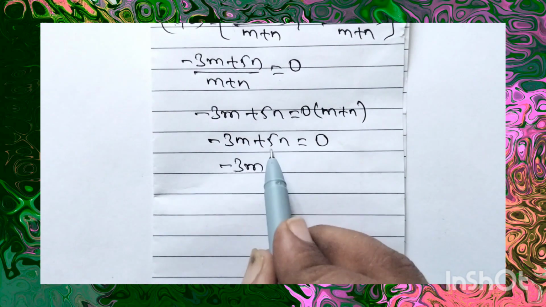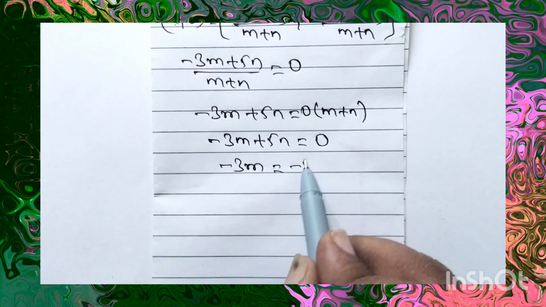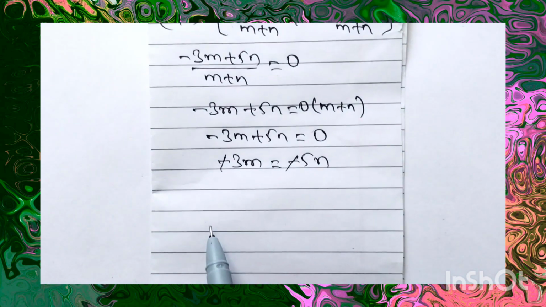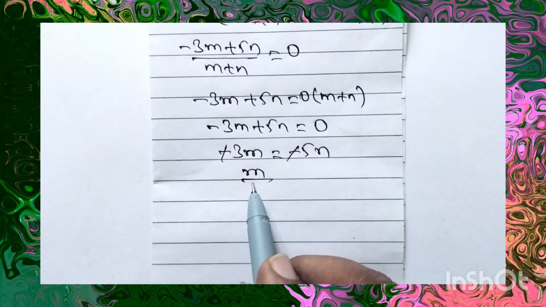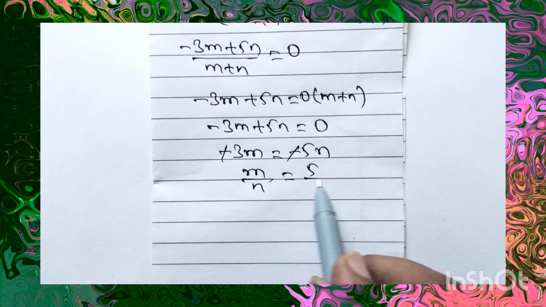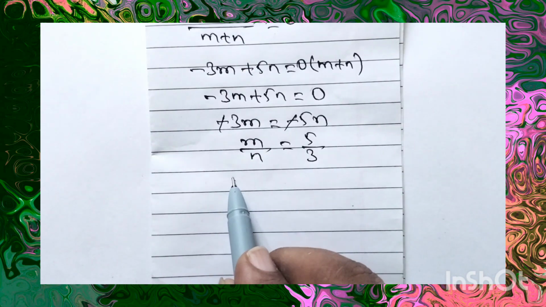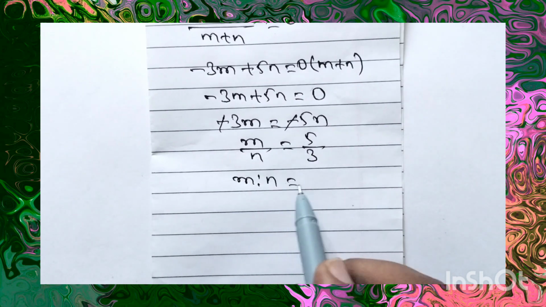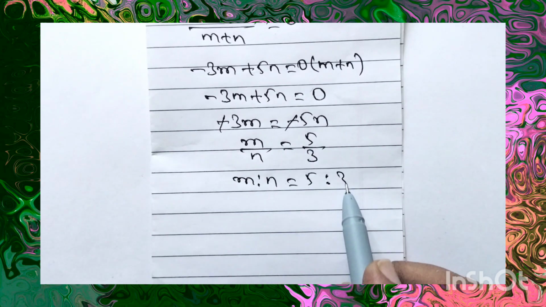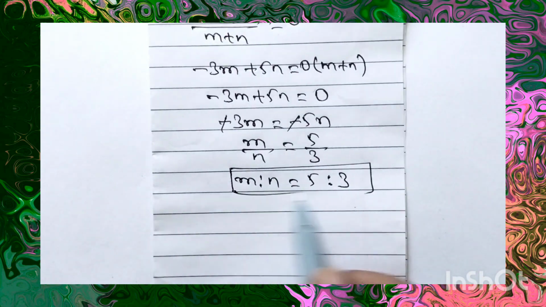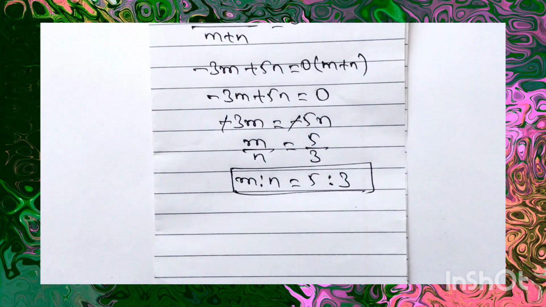Minus 3m, if you shift plus 5n, it will become minus 5n. Minus minus cancel ಆಯಿತು. m by n is equal to 5 by 3. So now m is to n is equal to 5 is to 3. So like this we have to find the ratio in which the line segment divides.